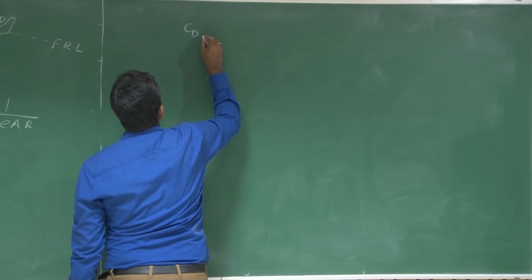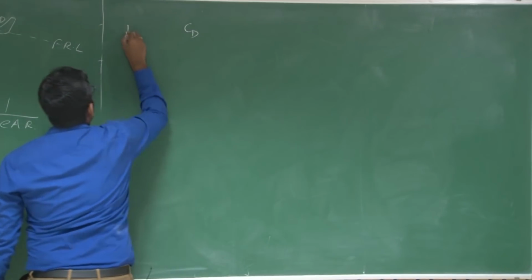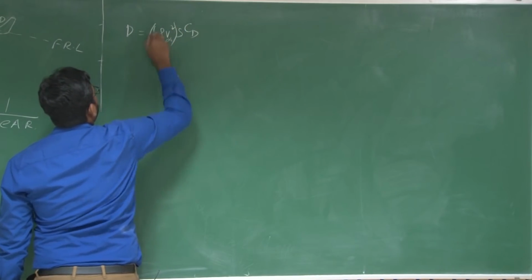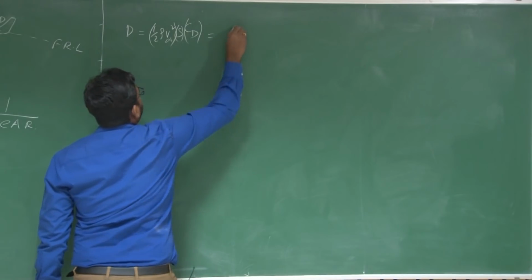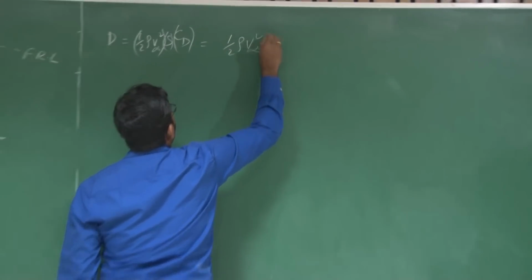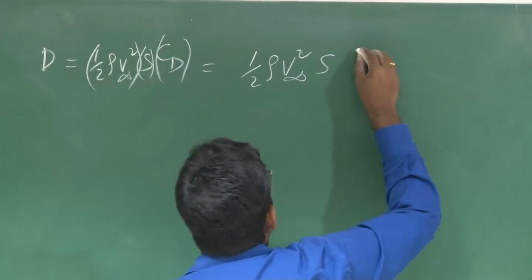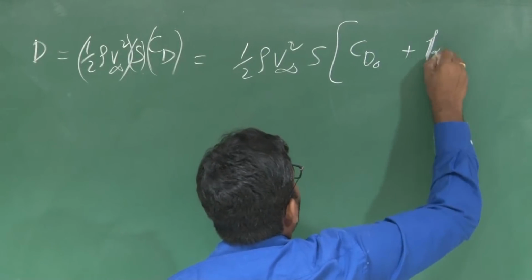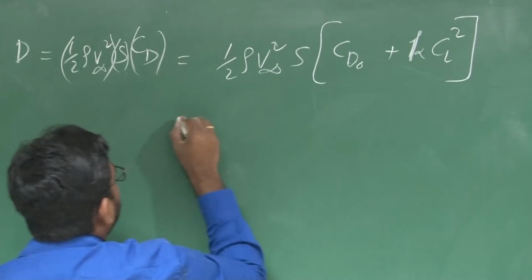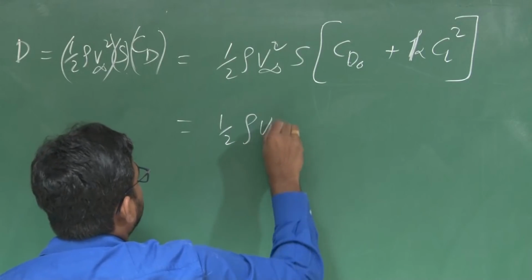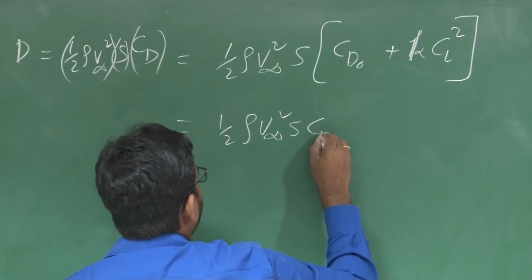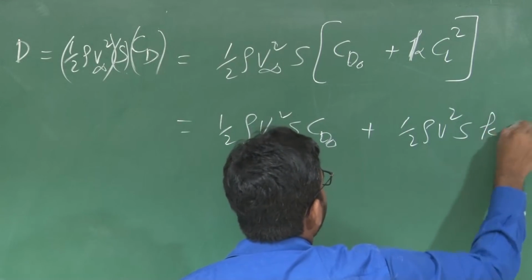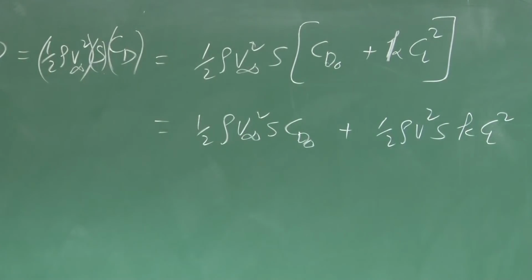So CD or drag is equal to half rho V square S into CD, equal to half rho V infinity square S into CD naught plus K CL square, equal to half rho V infinity square S into CD naught plus half rho V infinity square S K into CL square, right?